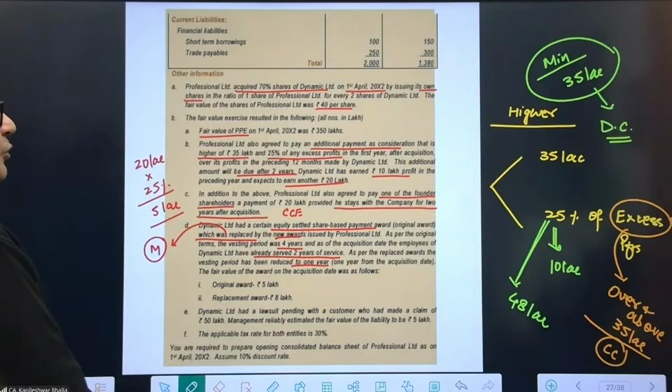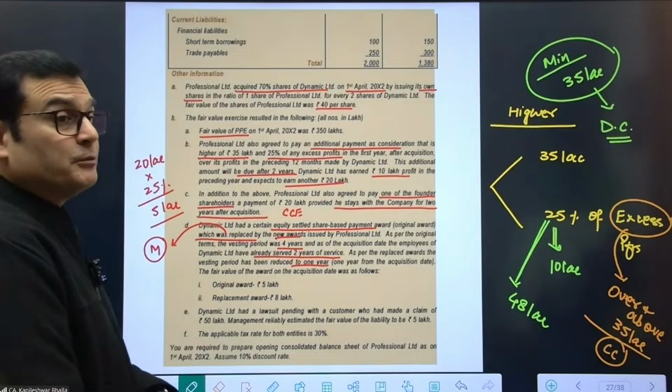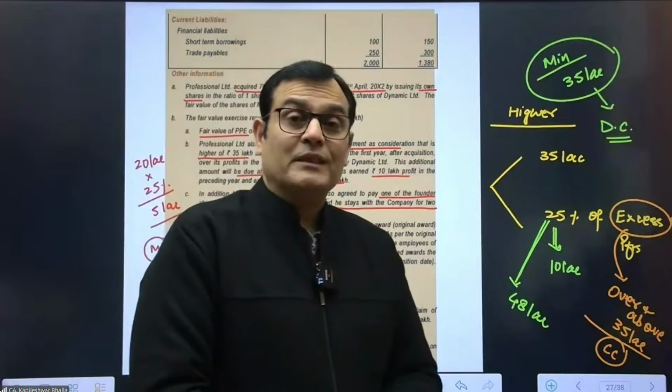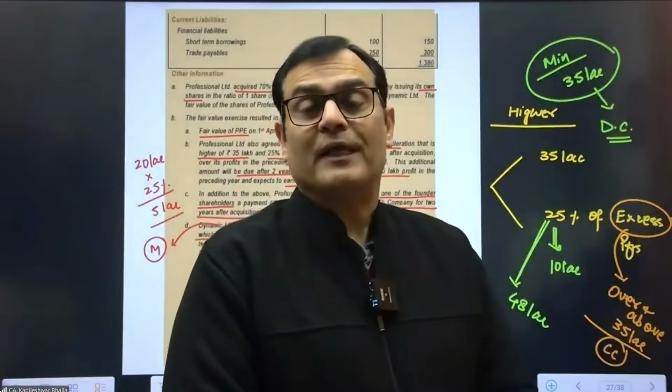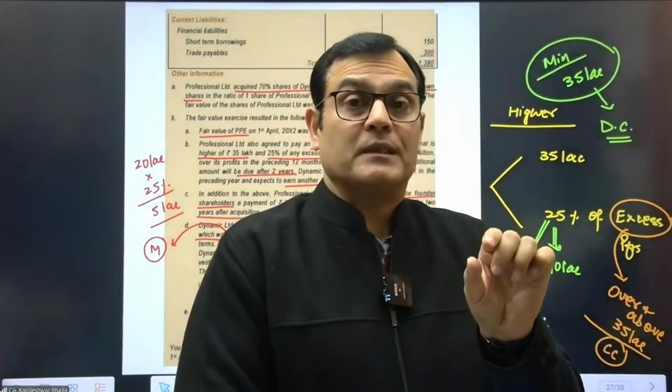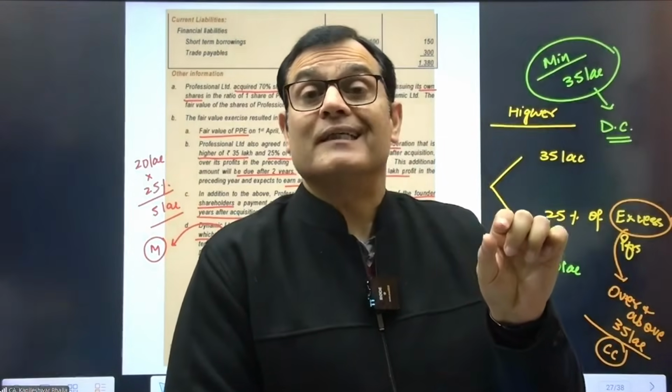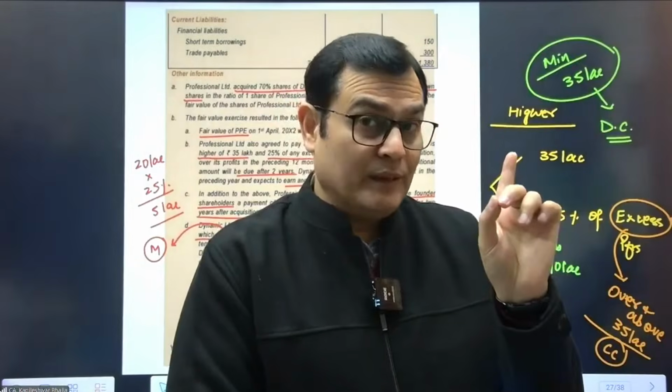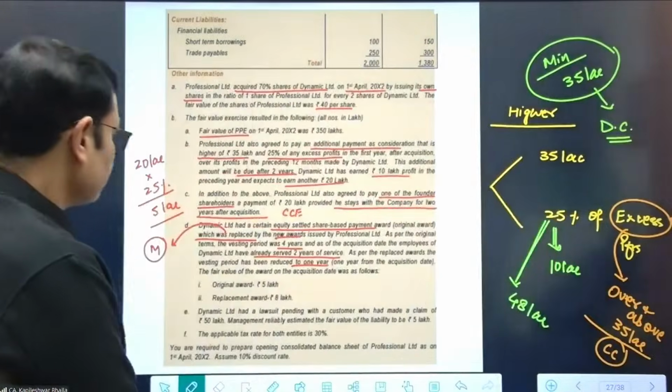So we know that when we're going to consider the calculation of the purchase consideration, we need to consider a proportionate fair value, which is based on the vesting period completed upon the total or the original vesting period, whichever is greater. So at that stage, we'll consider this information.